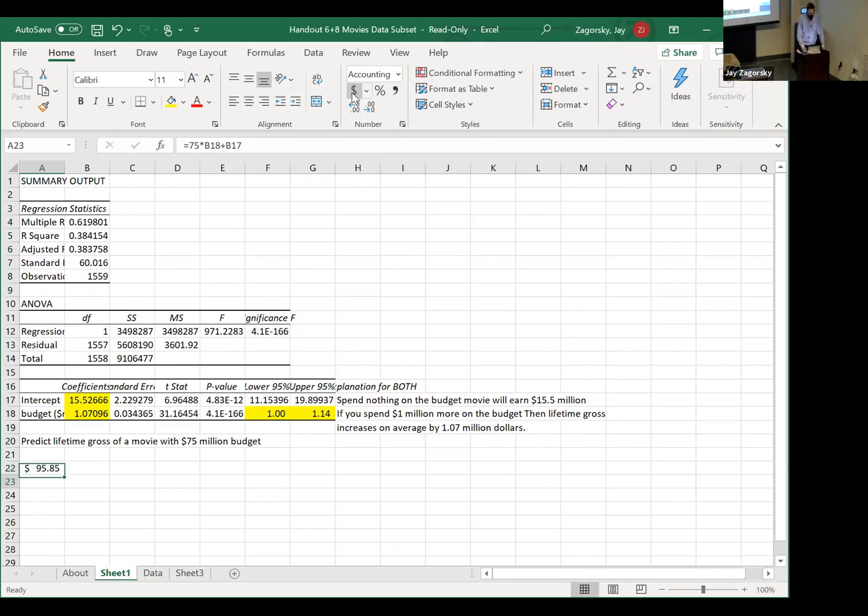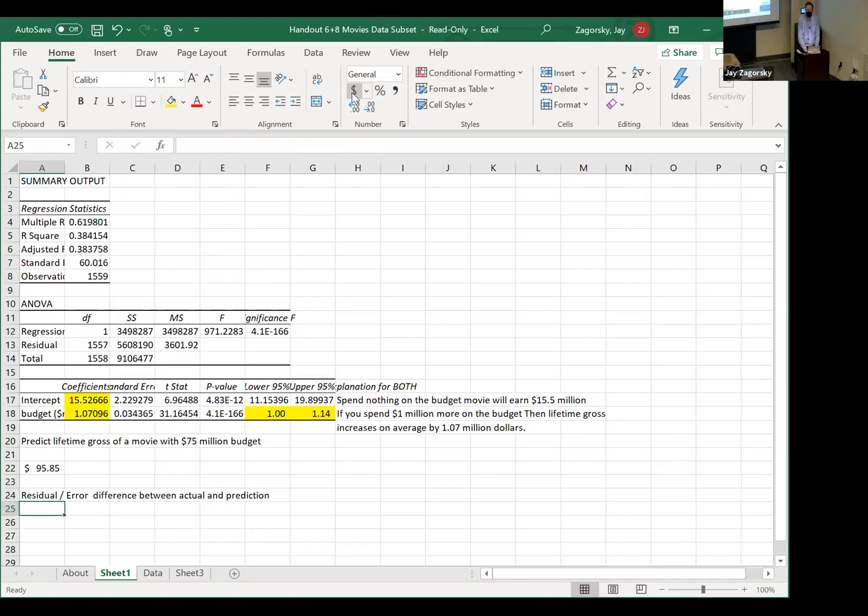Okay, so what's the formula for the residual? The residual, slash error, is the difference between actual and prediction.